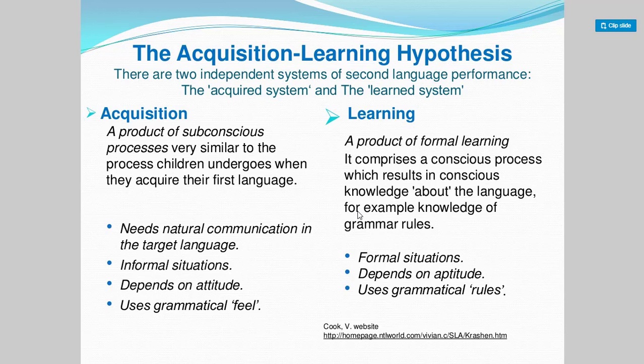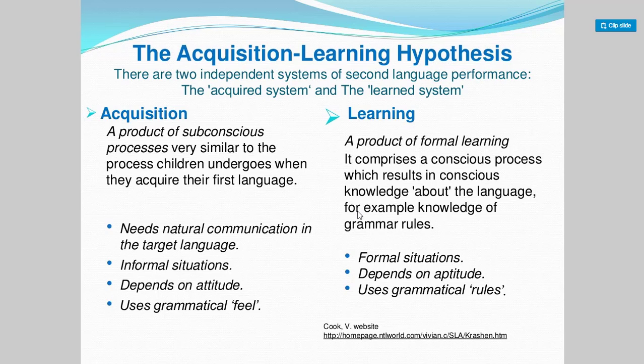Now let's see right here the differences, right? The systems in which acquisition and learning are going to work, right? So if we were saying that the acquisition is a product of subconscious processes, we're going to take right here into account some relevant aspects.